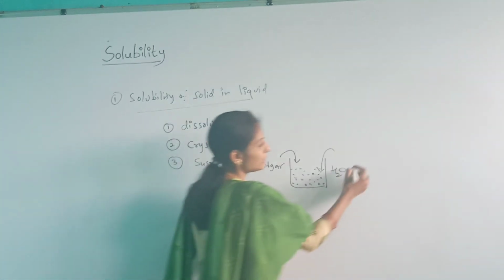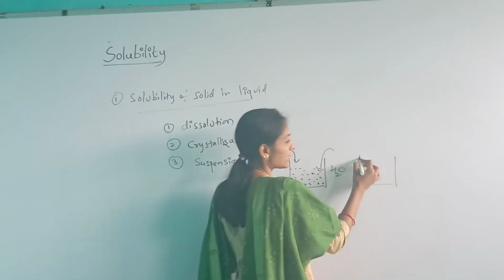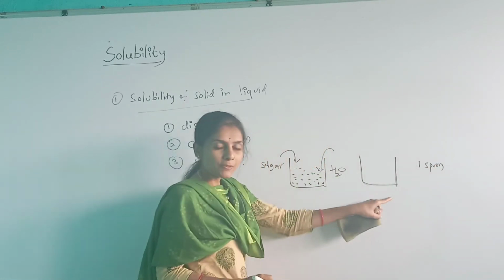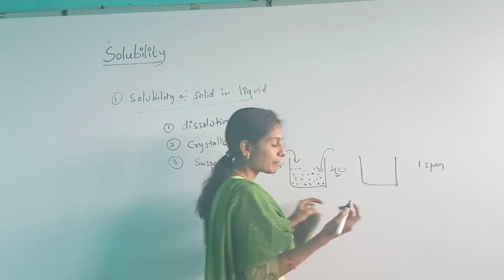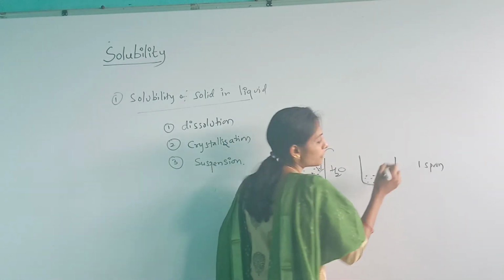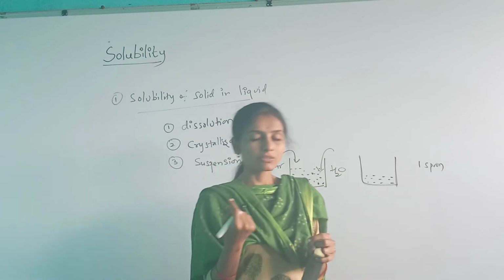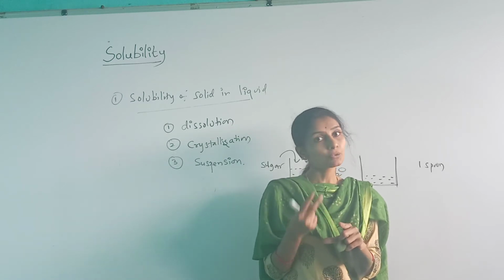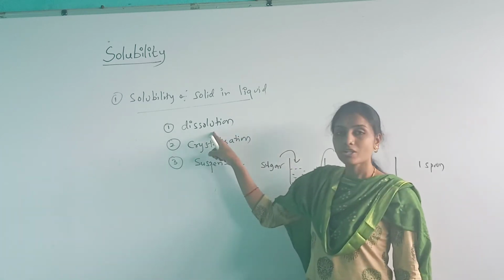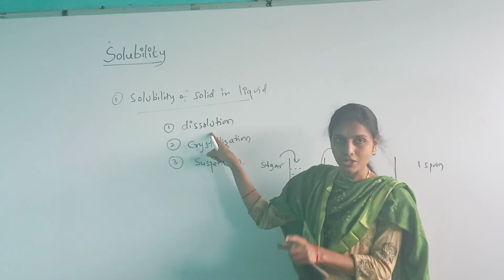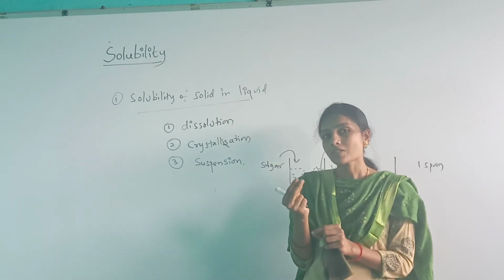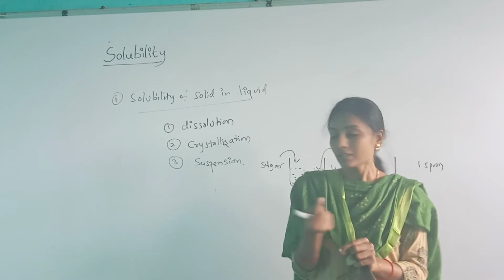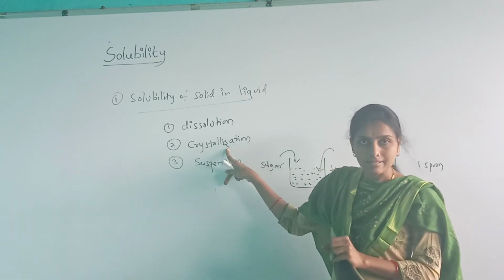Suspensions. So see here, if I take again a beaker and take 1 spoon of sugar, it can dissolve in a maximum of 2 spoons of water. It requires 2 spoons of water to get dissolved. If I am adding 1 spoon of sugar into 2 spoons of water, that solution will be the result of dissolution. If I increase the concentration of sugar from 1 spoon to 1.5 spoons, that is crystallization.